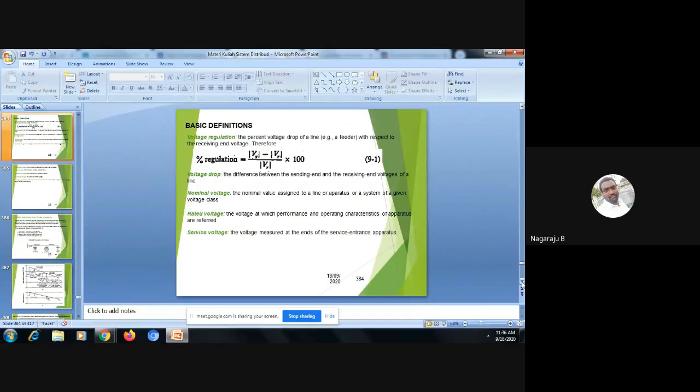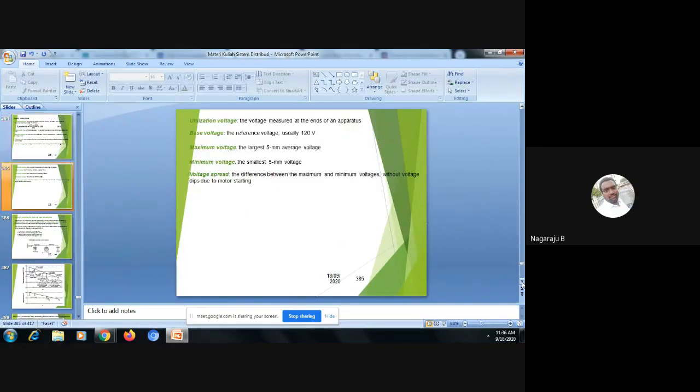That voltage we will take as the rated voltage. Service voltage is the voltage measured at the ends of the service entrance apparatus. Utilization voltage is the voltage measured at the ends of an apparatus. Base voltage is the reference voltage.